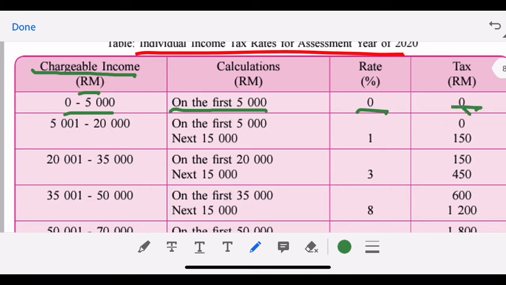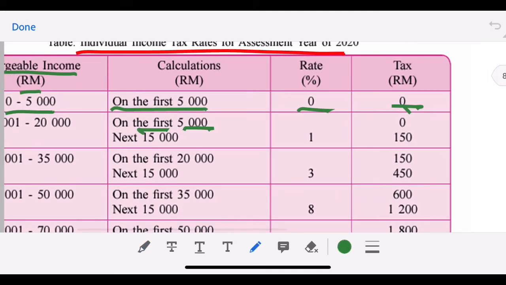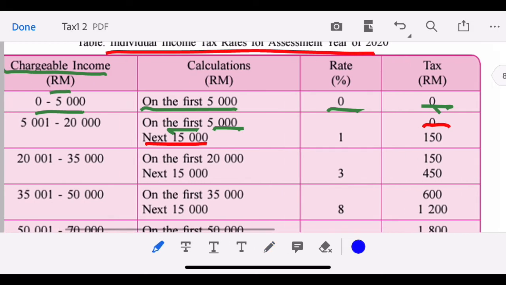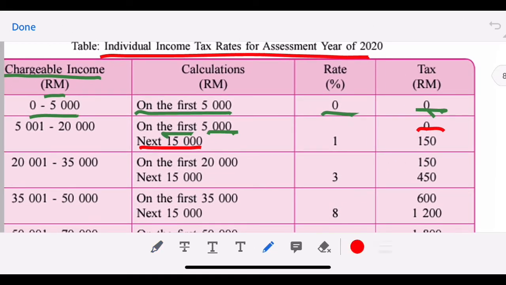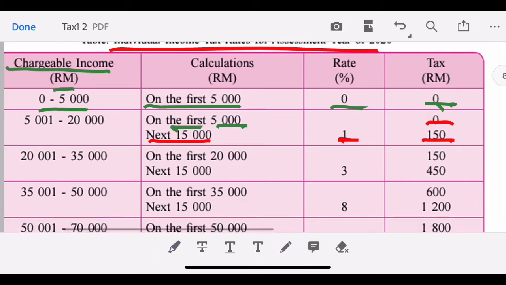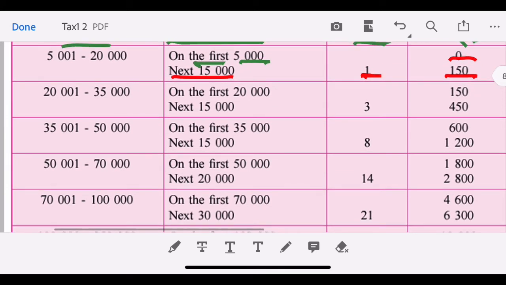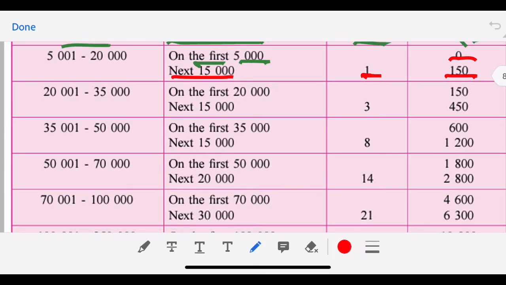If the income is 5,001 to 20,000, on the first 5,000 is zero, no need to pay a single cent for the tax. But for the next 15,000, the rate is 1%, and the tax is 150.